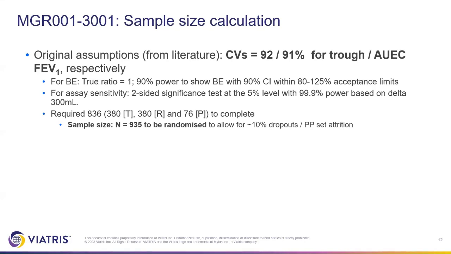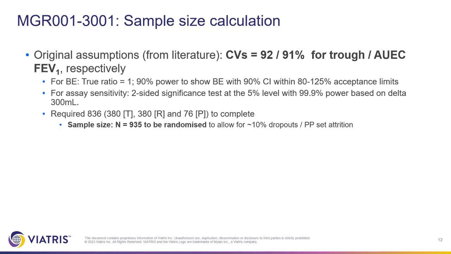And the sample sizing characteristics are up there. And what we saw was that we were requiring a sample size of around about, I think that says 900, my eyesight's not so good, to allow randomization with 10% dropout from the per protocol set being an expectation of what we might see within the study.